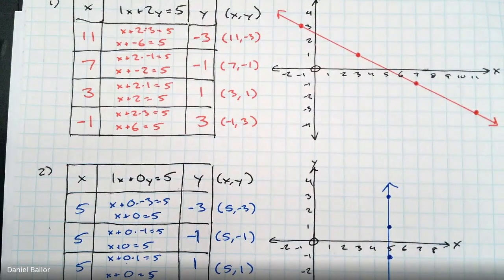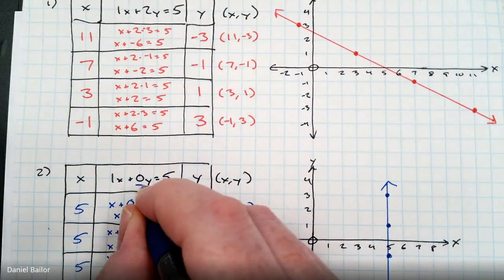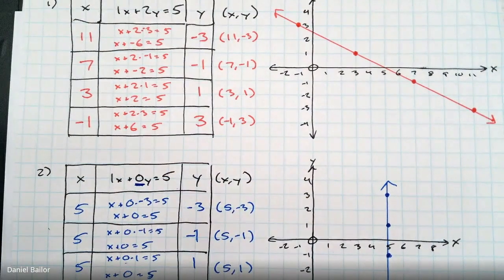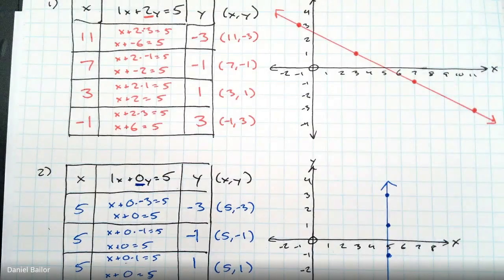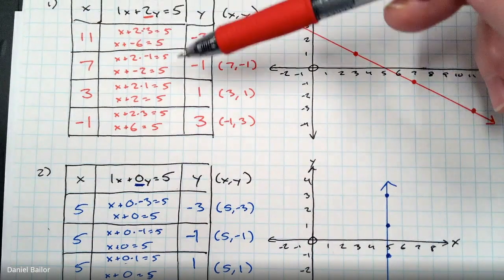What changed between our red and our blue graphs? Well, hopefully you noticed that the coefficient with y changed. In this graph, it was 2. In this graph, it was 0.